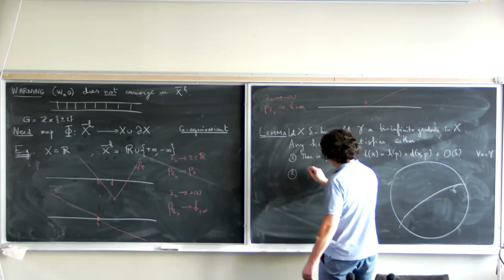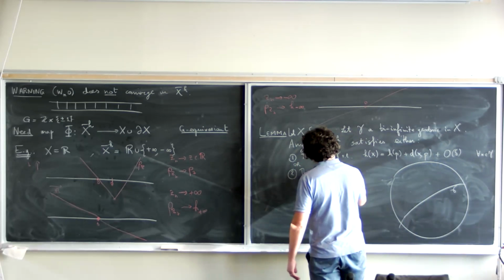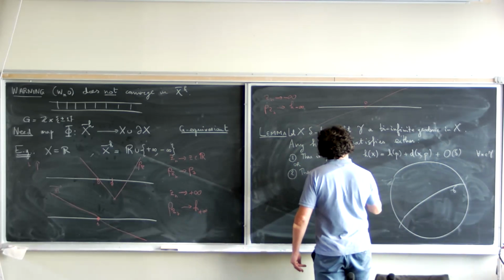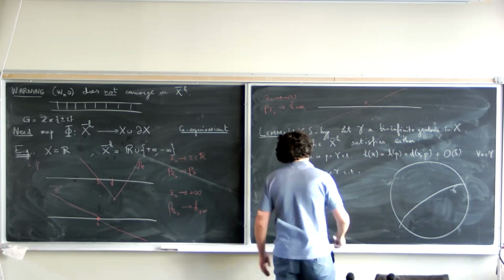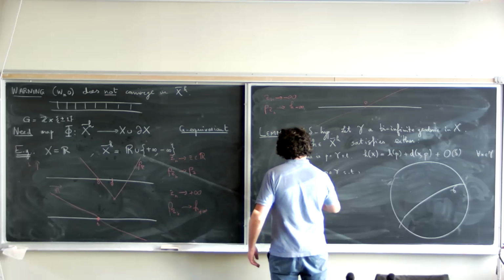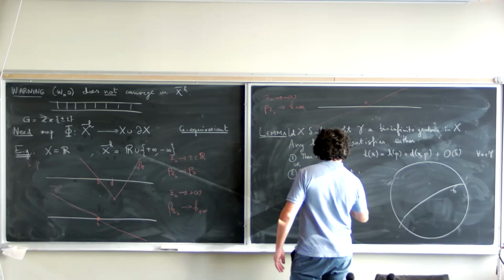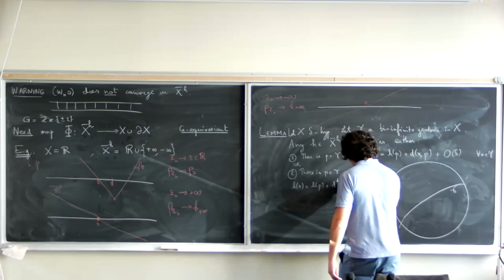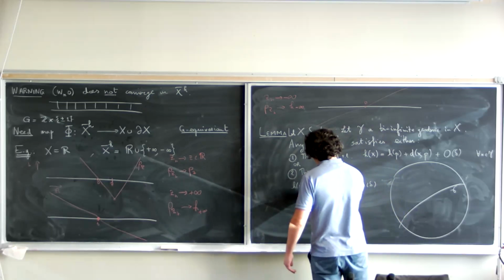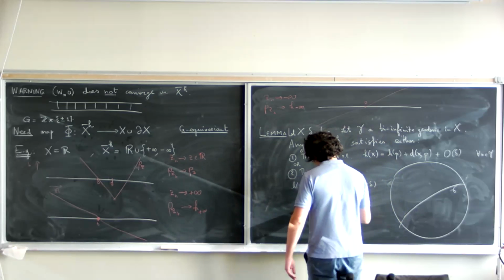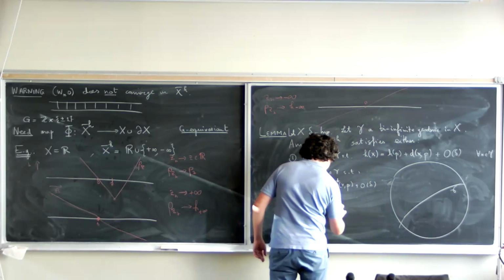Or there is p again such that, well, you're actually going either one way or the other. So h of x is h of p plus the signed distance d plus of x and p, plus O of delta for every x in gamma, where d plus is the signed distance.